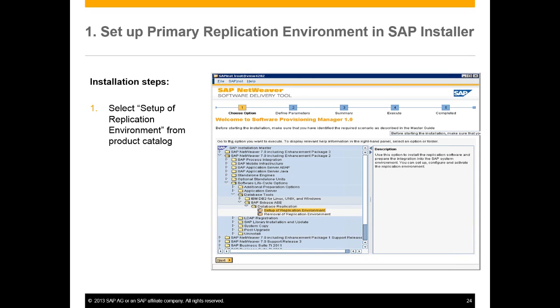This screenshot tells you that you do this primary replication environment setup, because in a typical DR environment you want to set up two replication servers. One replication server is at the primary site, and the second replication server and the ASE are on the secondary side. So Peter, go to the next slide, please.